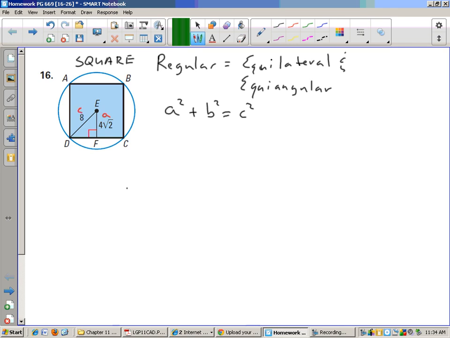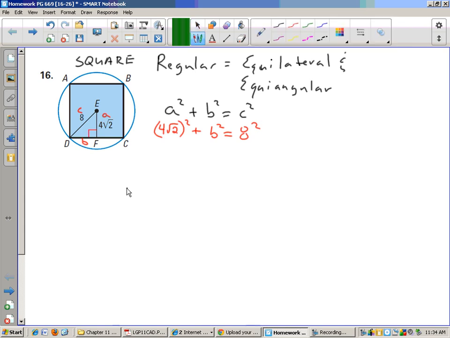That's c because that's the hypotenuse. So that leaves DF to be b. So a squared plus b squared equals c squared. So that means I'm going to put in 4 root 2 squared plus b squared equals 8 squared.